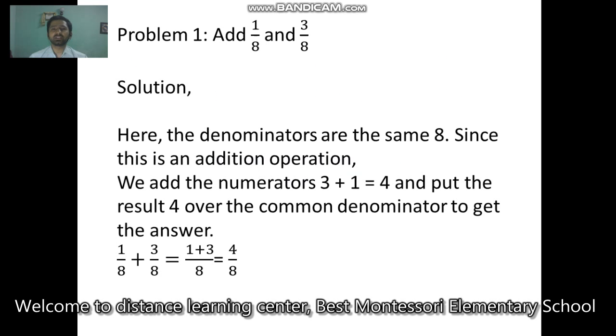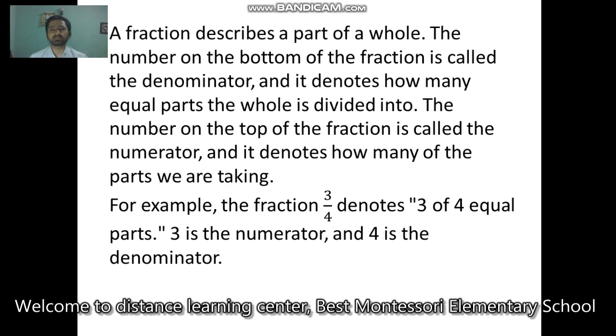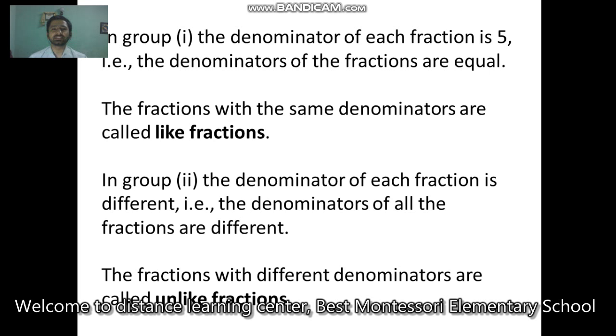I think you are clear with the concepts I have given you today. A fraction is a number in the form of a divided by b. The a is called the numerator, b is called the denominator. If 3 by 4 is a fraction, then 3 means 3 out of 4. On the basis of denominator, there are two types of fractions, like and unlike fractions. If the denominator is the same, the group of fractions are like, and if the denominators are different, the fractions are unlike.